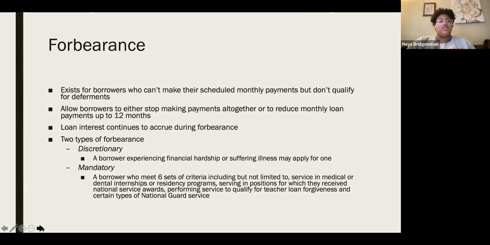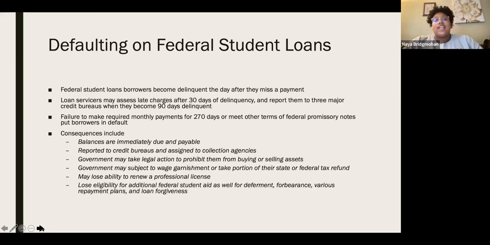Okay, I'm going to move on to the last slide. Okay, so the last slide, we're going to be talking about defaulting on federal student loans. Federal student loan borrowers become delinquent the day after they miss a payment. So it only takes 1 day for your federal student loan to become delinquent. And you want to avoid that.